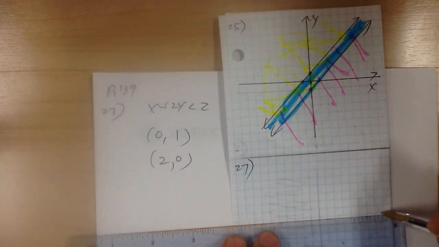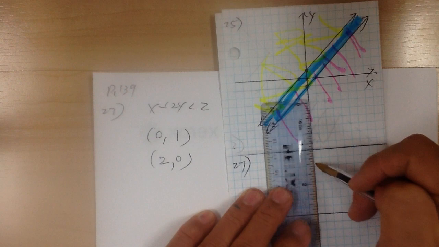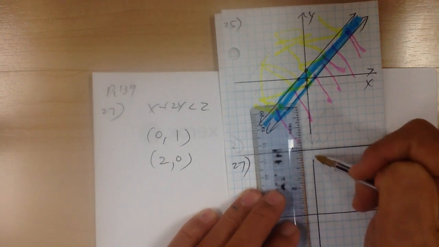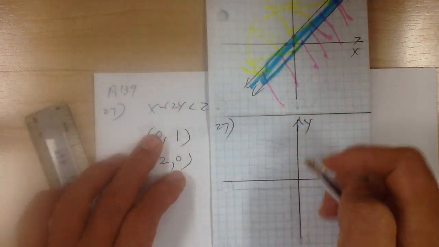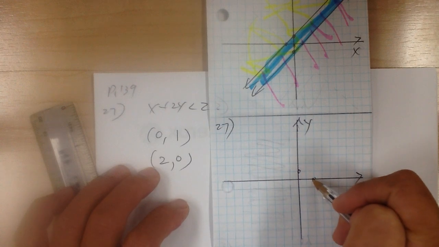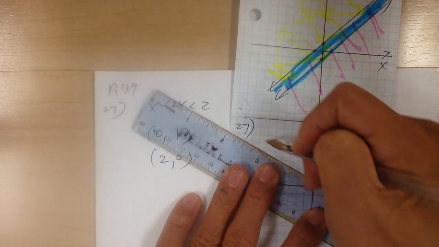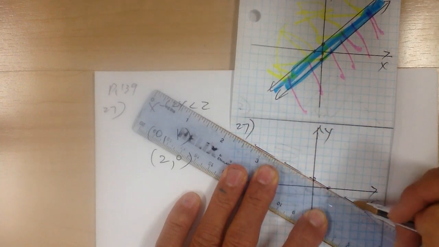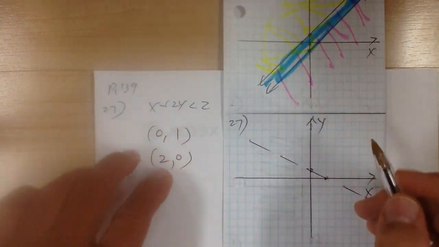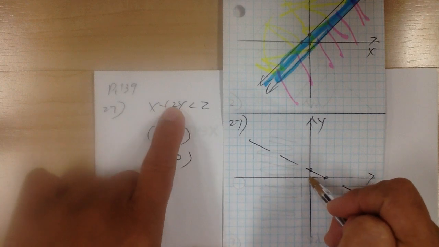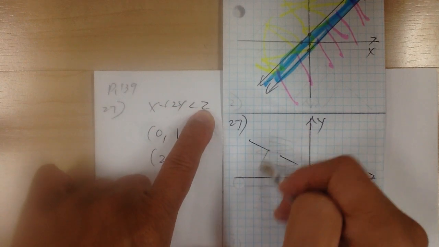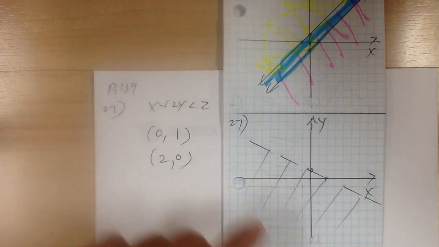Again, I'm just going to do it very quickly. So 0, 1 over here, 2, 0 over here, and this is going to be a dashed line. Again, do the 0, 0 testing point, so 0 is less than 2, that's true, so it's going to be right over here.